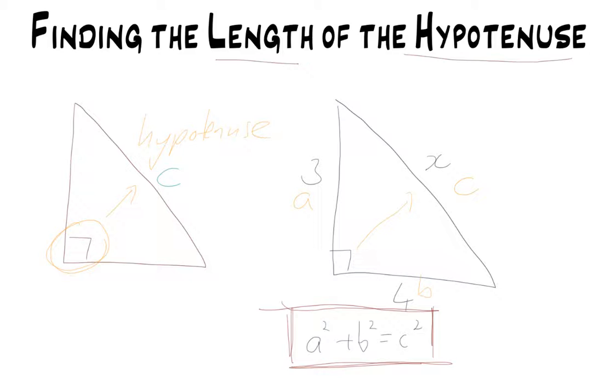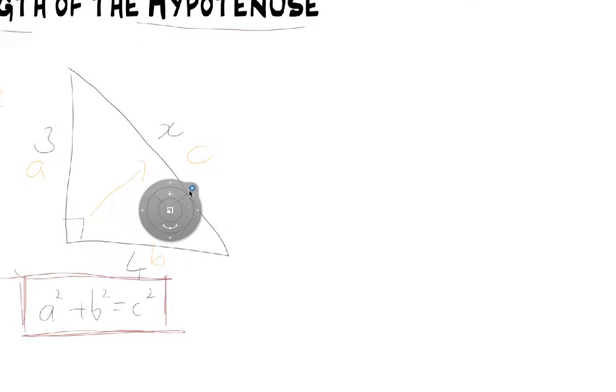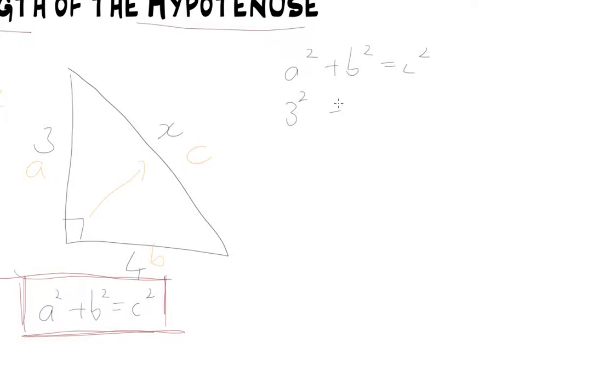So getting into actually doing a question, if we have this here, labeling a squared plus b squared equals c squared. Here a is 3, so it becomes 3 squared. B is 4, so 4 squared. And we don't yet know what c is, so c is just going to be x here.